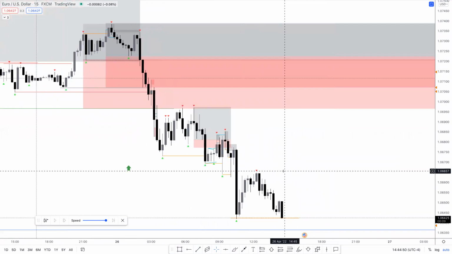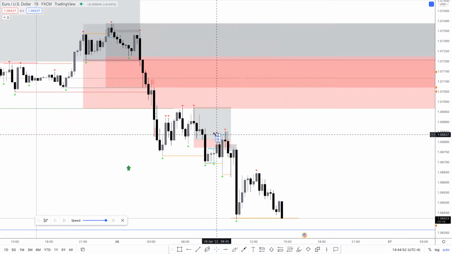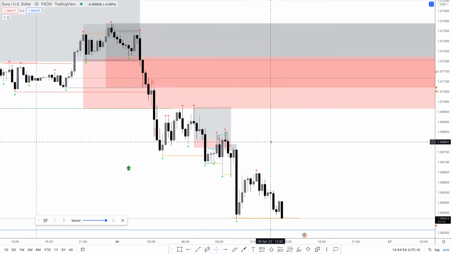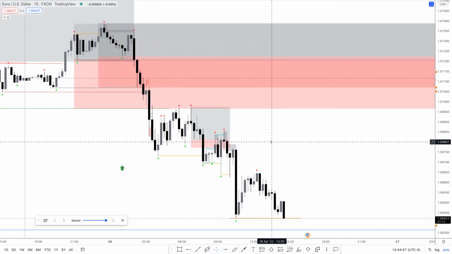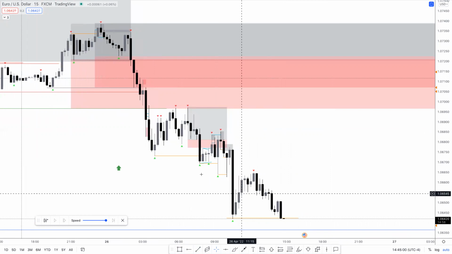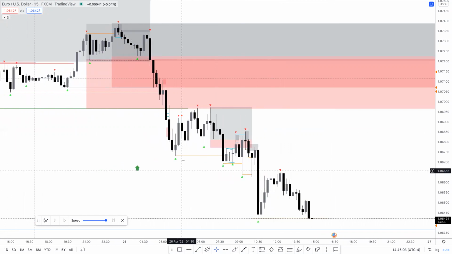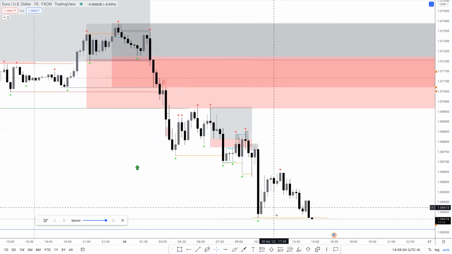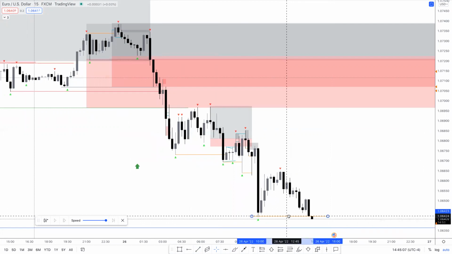I don't know, it can be any one. So like this one? No, I prefer a green one. Also, the thing about all these green fractals on the low here, these are all lows of the day, right? Remember how I color coded all these orange lines are lows of the day, right?